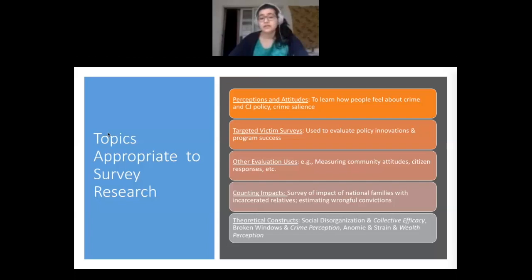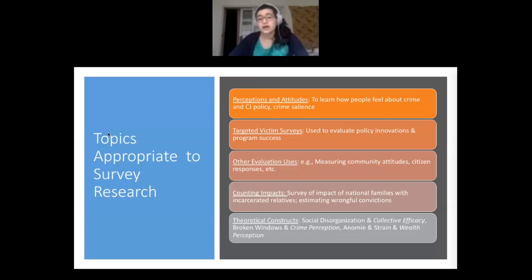And then targeted victim surveys, so more localized in a specific area, might be used to evaluate policies that police are trying to implement, or nonprofit restorative justice programs and whatnot.